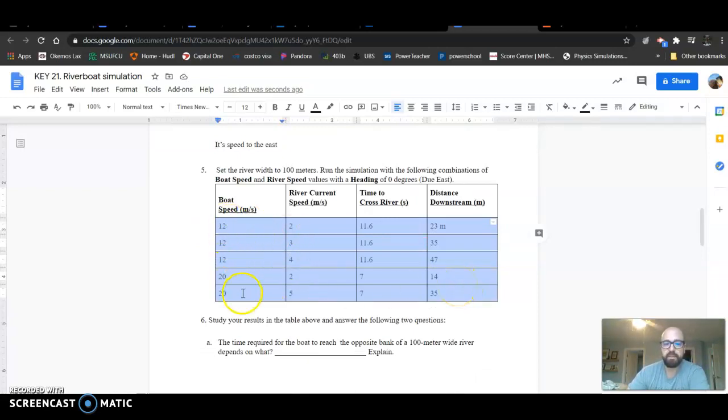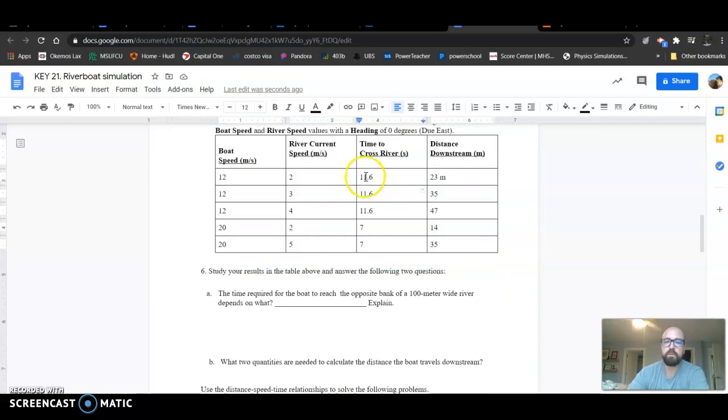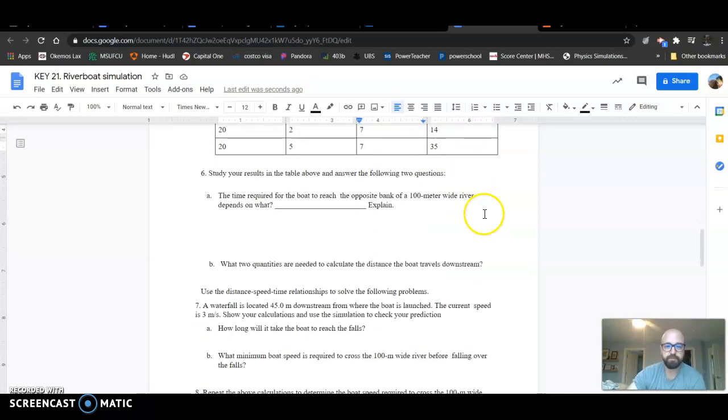So you were given these two columns, and then you just had to run the simulation to get these. And what's important is that you see the river current here doesn't affect the time to go across. It does affect the distance downstream. And so those were the key parts of this that led into the second part of what you were doing.